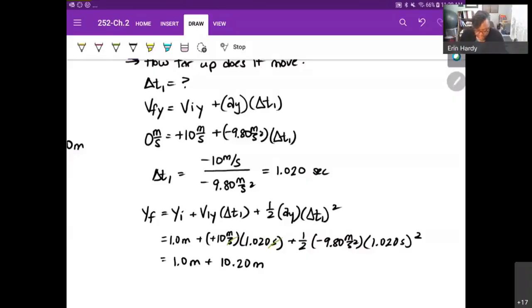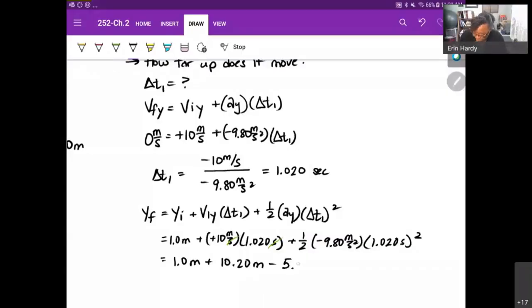And for the next one, this is going to be 0.5 times g times 1.020 squared. And let's not mess that up, typing it in. Do you have the letter g as negative 9.8? Yes.